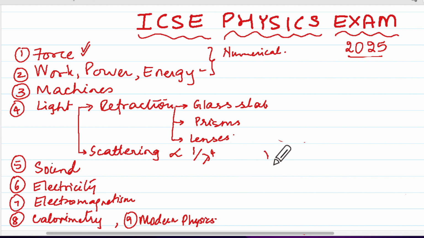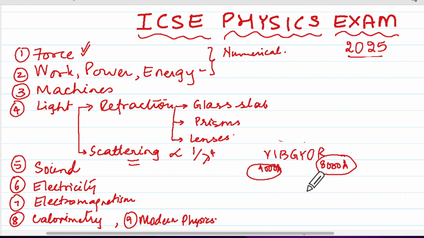Now from the Vibgyor, you know that violet is having 4000 angstrom unit as the wavelength, red one is 8000 angstrom as the wavelength. So maximum wavelength is red, so it is going to get scattered the least. Violet has from the visible spectrum the least wavelength, and so its scattering will be maximum. So based on that, a number of give reasons will be there and objective questions would be there.